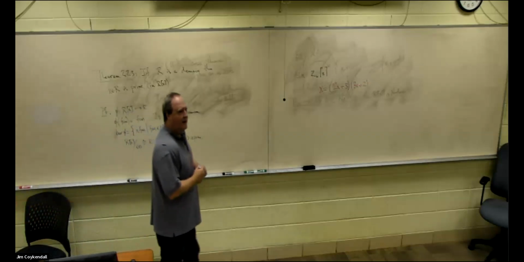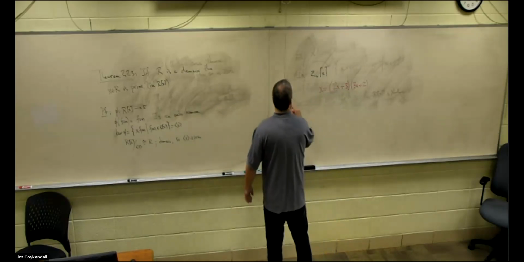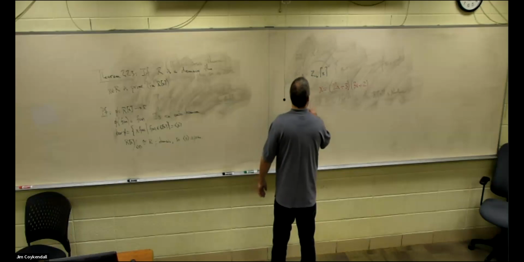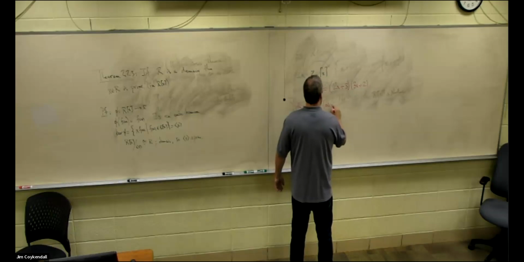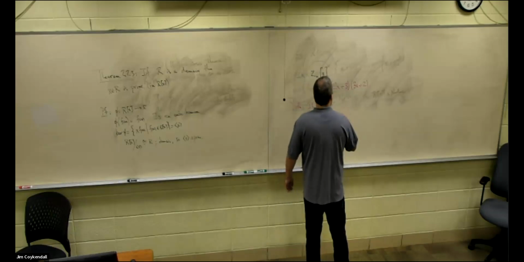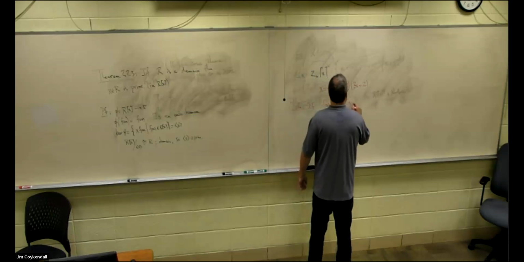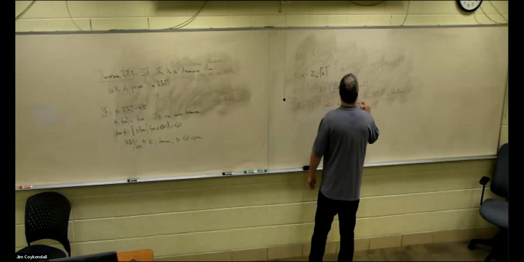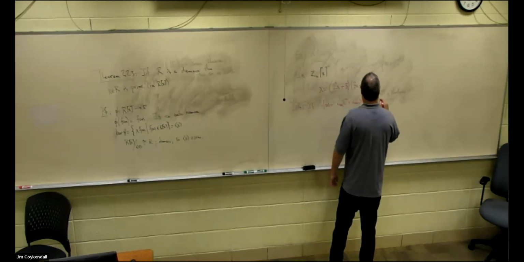So let me see. Definition. If f of x is, let's say, am xm plus am+1 xm+1 plus ... plus an xn.